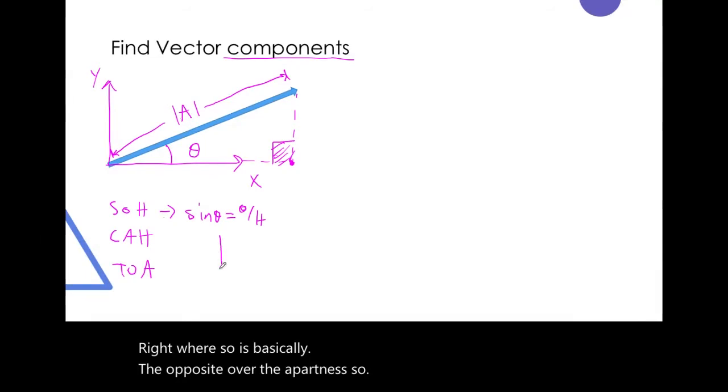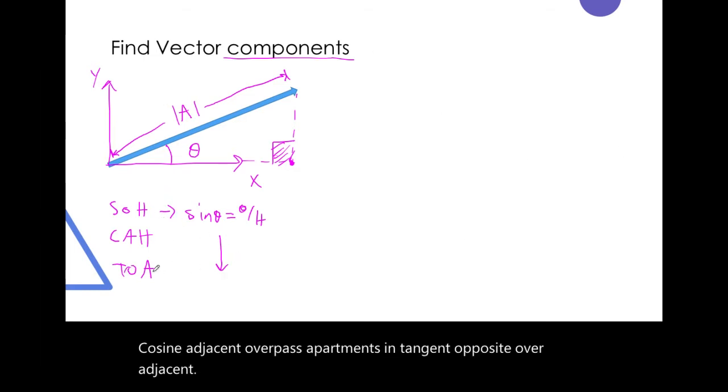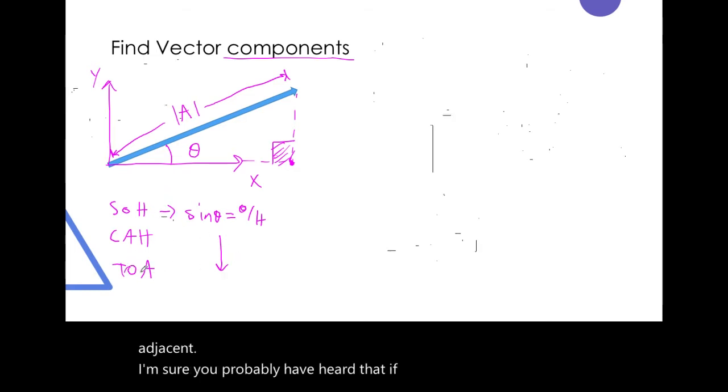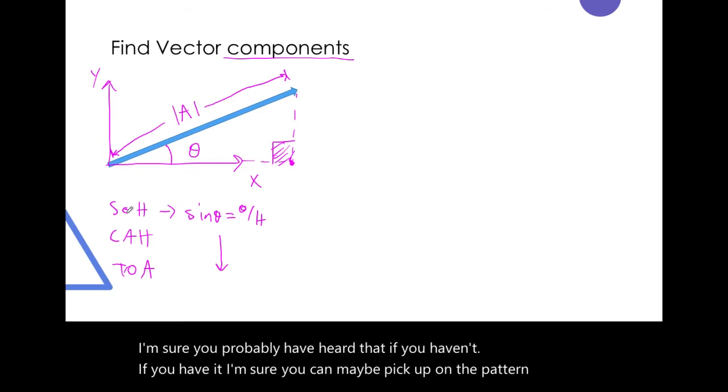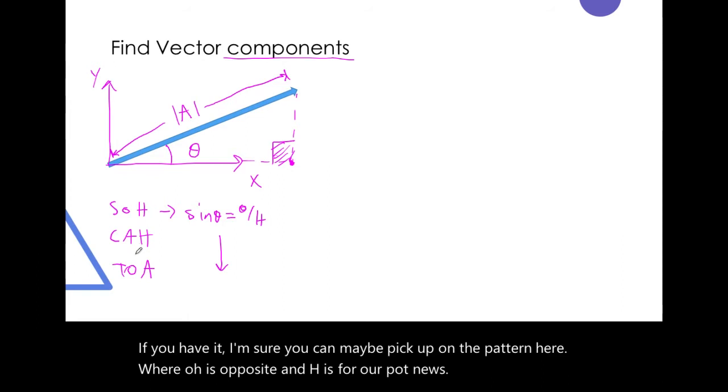Cosine adjacent over hypotenuse and tangent opposite over adjacent. I'm sure you probably have heard that. If you haven't, I'm sure you can maybe pick up on the pattern here, where O is opposite, H is for hypotenuse, and A is for adjacent.